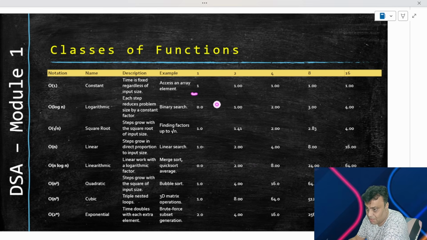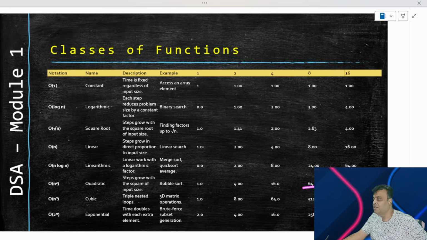Now, pay your attention to this particular area. 64 becomes 256 in a quadratic when n goes from 8 to 16 in terms of units of time. When you go to cubic, it becomes 512 and 4096, right? And when you go to 2 to the power n, it goes the exponential route.